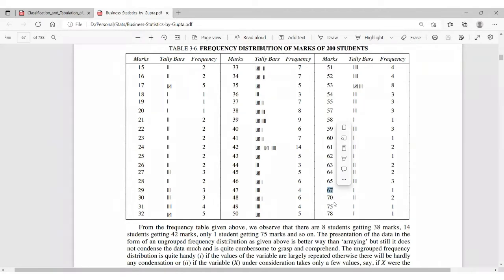But this distribution becomes very large, and it's very difficult to get information from that. And obviously the calculation becomes more difficult because the table is huge, right?